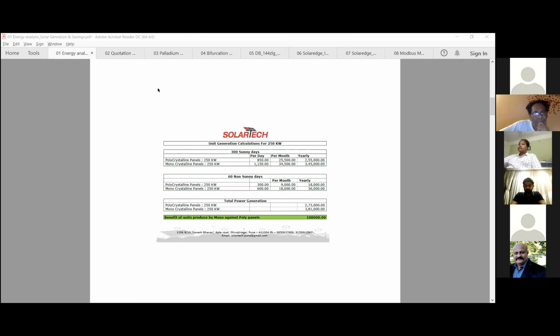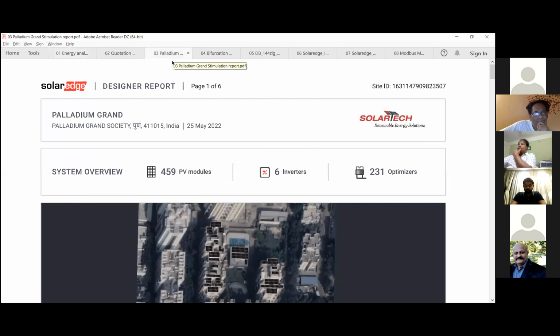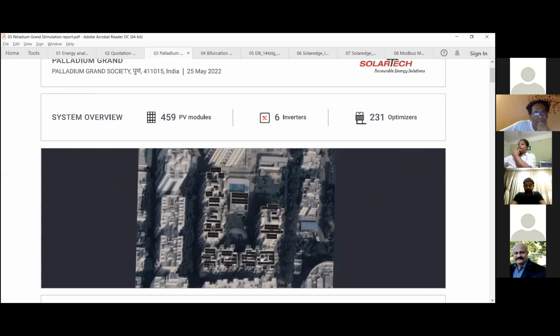So we actually do a simulation report. If you place the panels on your society, we calculate what the shadows are, what soiling happens. So this is your society. We have taken all of this, can you see the image? Yes.